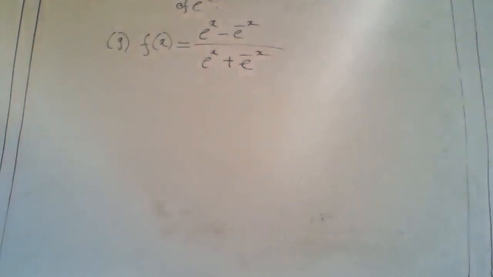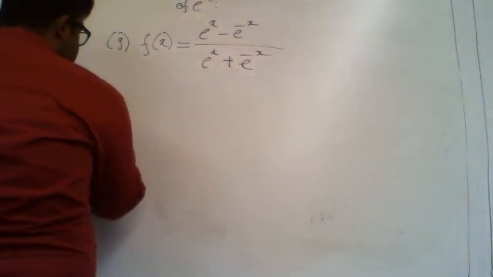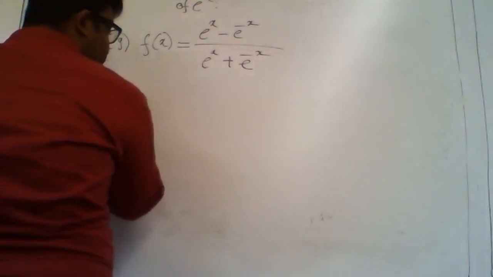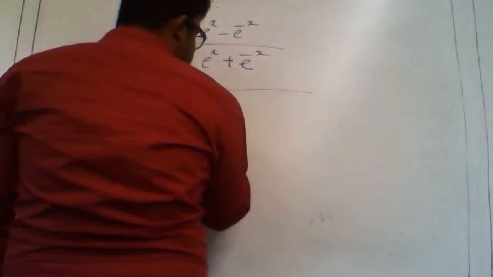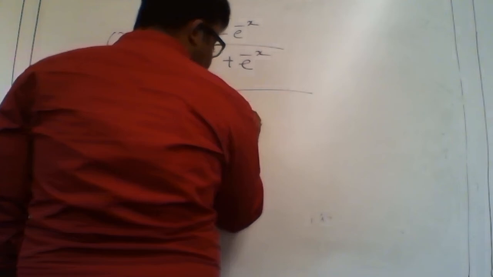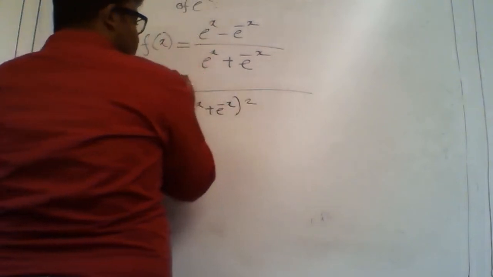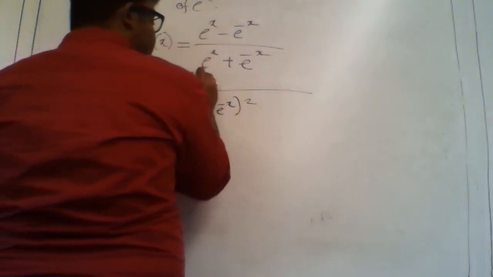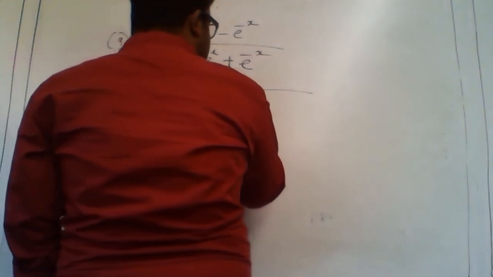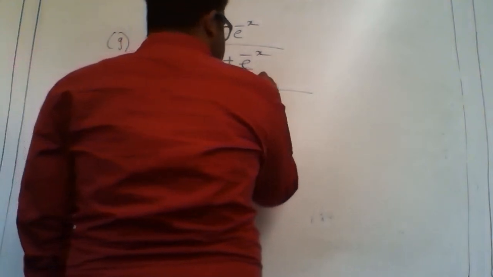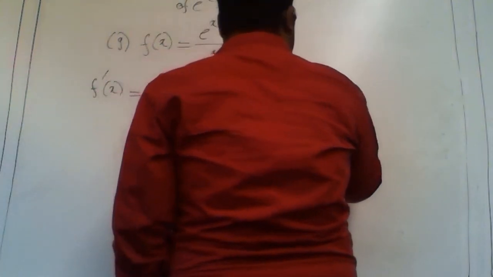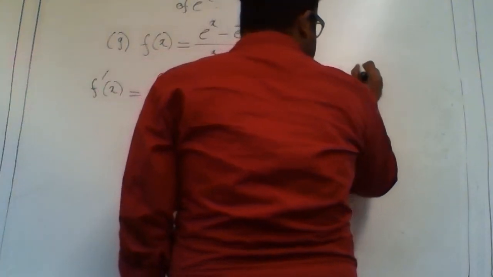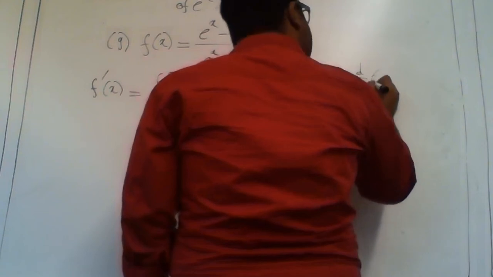So by the quotient rule, first f prime x is equal to the denominator squared, so (e to the power x plus e to the power minus x) whole squared, the denominator times the derivative of the numerator, minus the numerator times the derivative of the denominator.